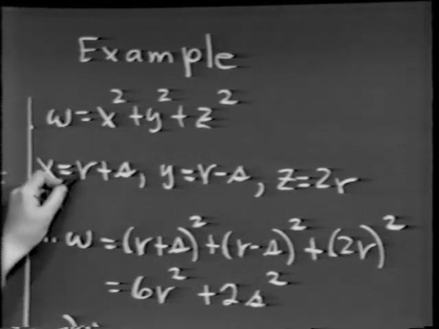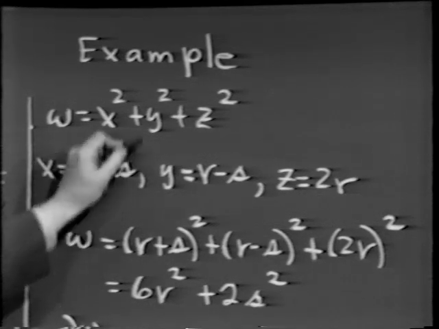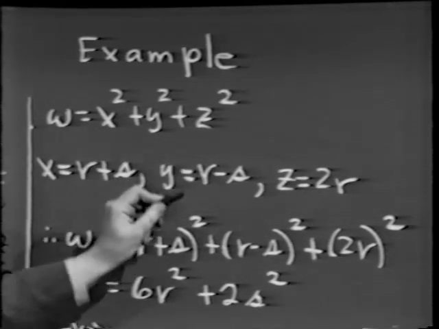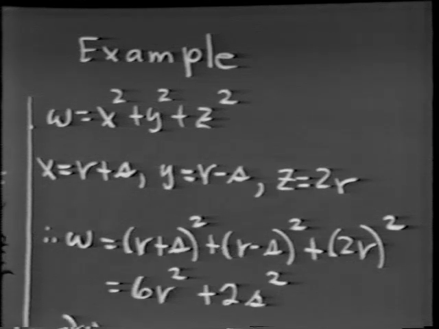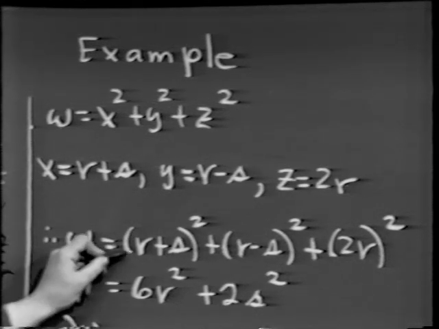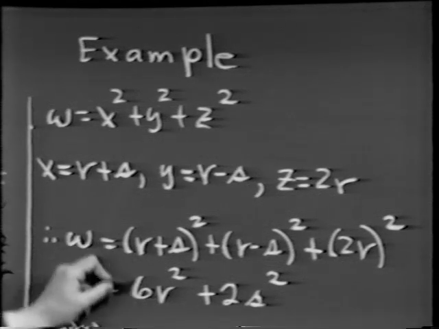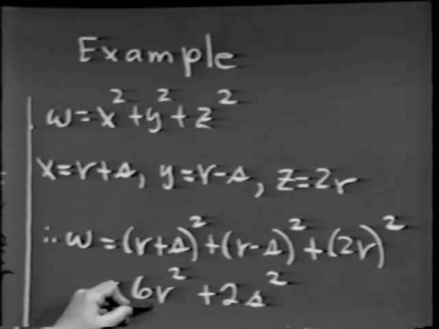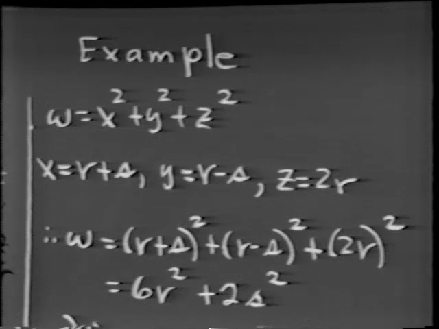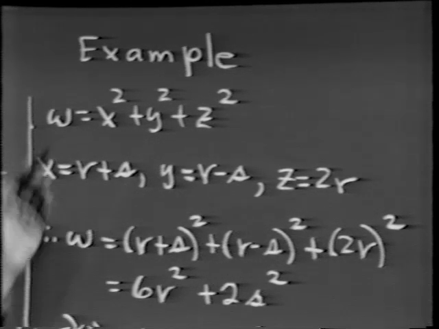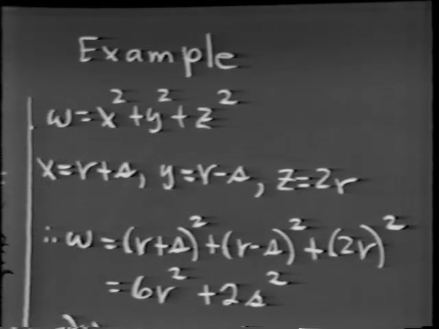Namely, we simply replace x by r plus s, we replace y by r minus s, we replace z by 2r, and then W simply becomes this expression here, which when we collect terms becomes 6r squared plus 2s squared. And again, the arithmetic there is simple enough, so I'm not even going to bother worrying about how we justify these steps.